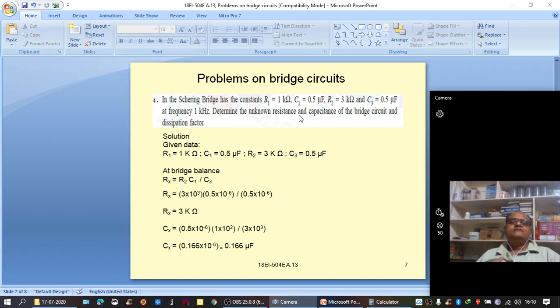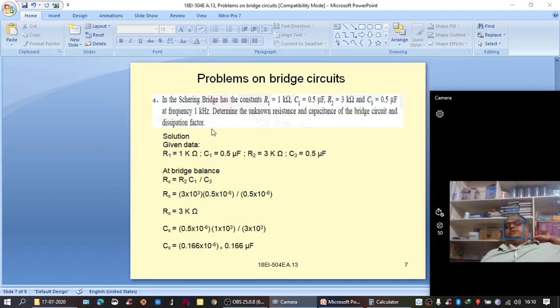Determine the unknown resistance and unknown capacitance of the bridge circuit and dissipation factor. First, it is a Schering bridge, so we have to find out the unknown capacitance and the associated resistance for the capacitance.